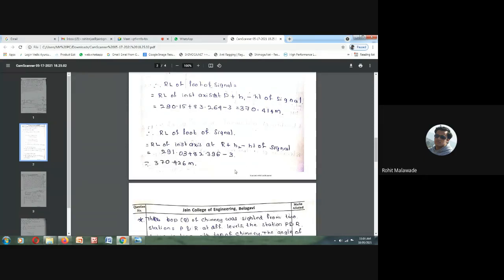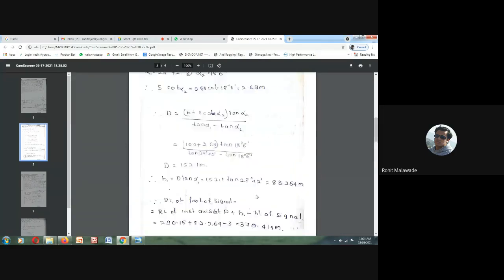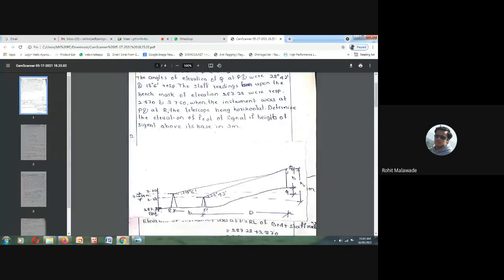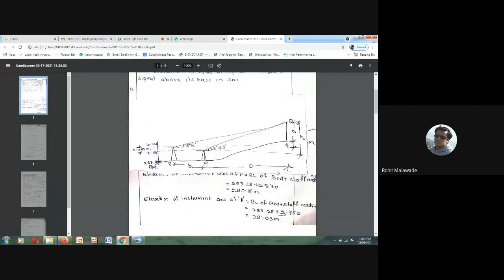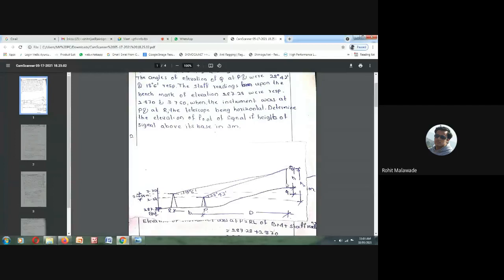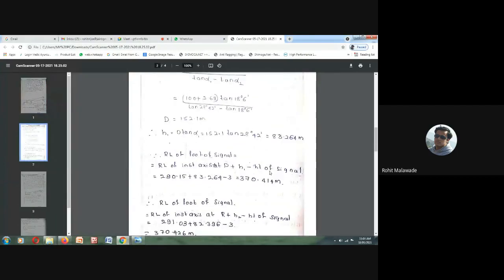We want the signal at the foot. If we want the reading at Q, we are going to reduce minus 3 because this height is 3 meter. So we are going to get the answer as 370.414 meter.